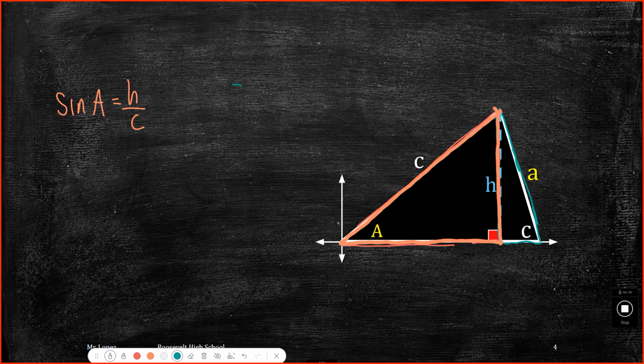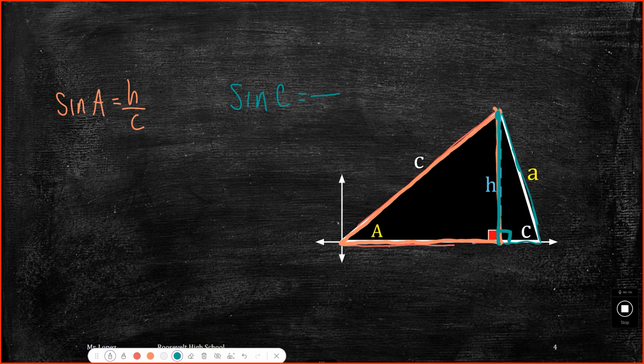So sine, let's just wait for a second. Let's do sine of angle C. What's sine of angle C? And that would be what triangle? Which triangle is it? Let me make you see it. Is this?